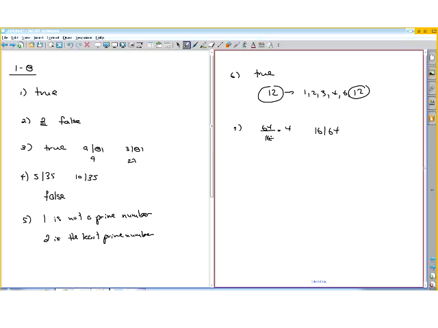Well, 2, 4, and 8 are factors of 16, and so therefore they also divide it. For example, 64 divided by 2 is 32, 64 divided by 4 is 16, and 64 divided by 8 is 8. Because these are factors of 16, they do divide it. So the answer is true.